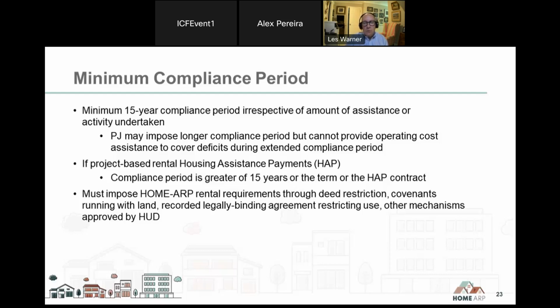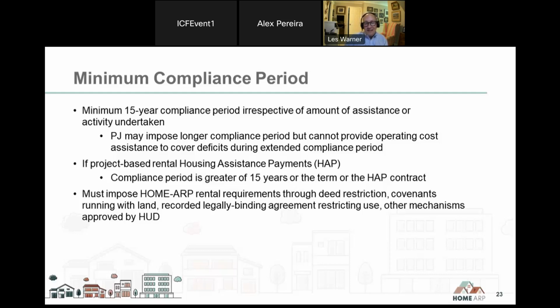And so you will be required to have a deed restriction or a land covenant that would be in place. It would be recorded, and that would be a mechanism that then would be used to enforce that affordability period. If you have an alternative mechanism that you want to use, it would need to be reviewed and approved by HUD before you would be able to use that.